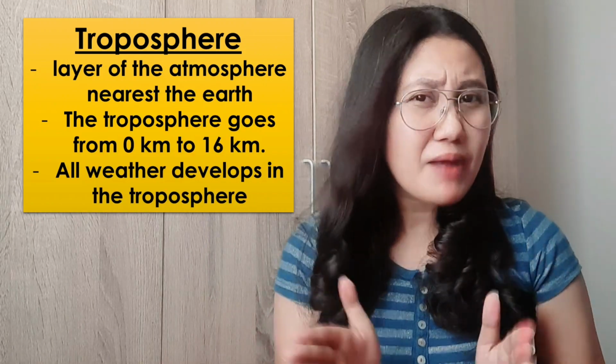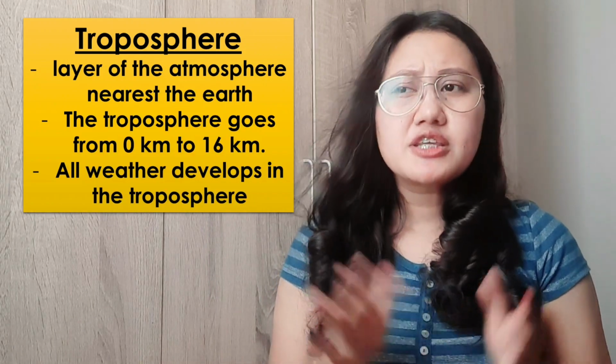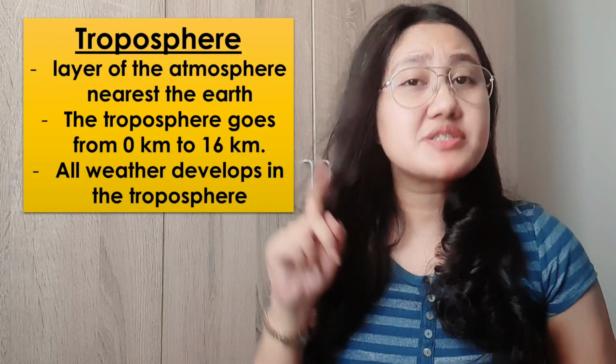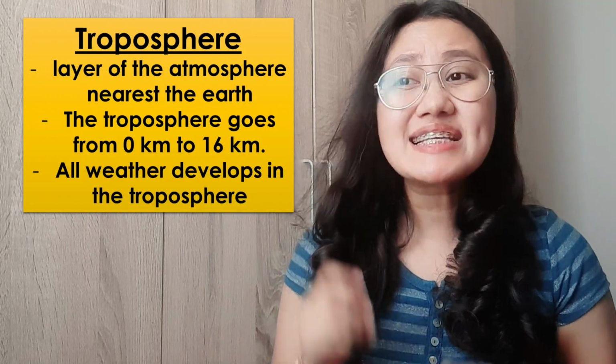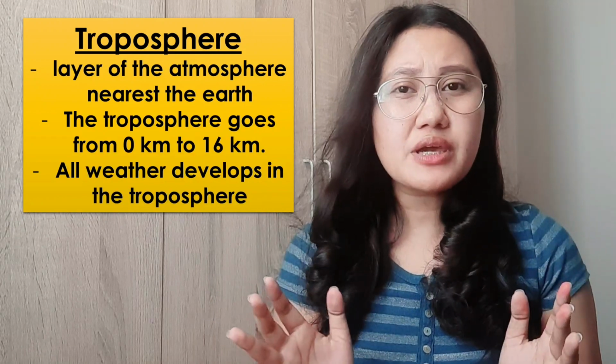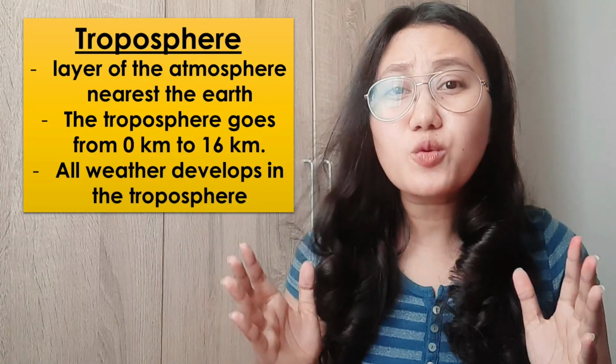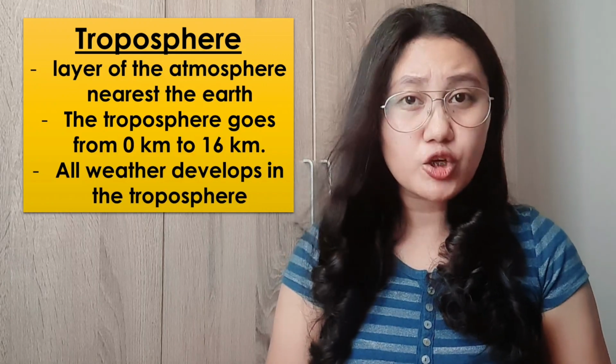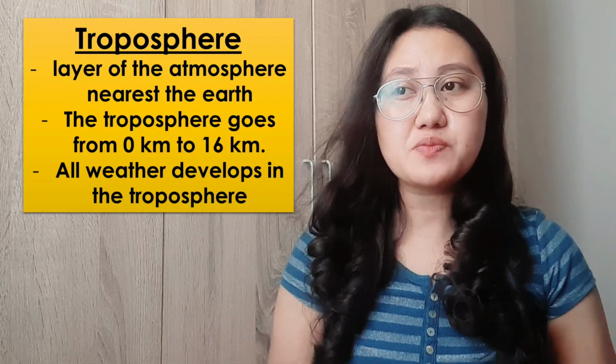At gaano ba kalayo ang troposphere? The troposphere goes from 0 kilometer to 16 kilometer. At syempre, sa troposphere, lahat ng uri ng weather ay pwedeng ma-develop dito. And always remember na sa troposphere, meron din tayong tinatawag na tropopause.